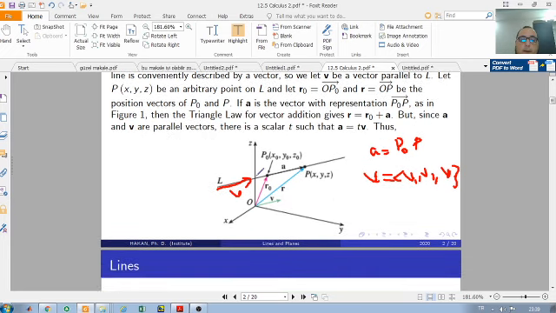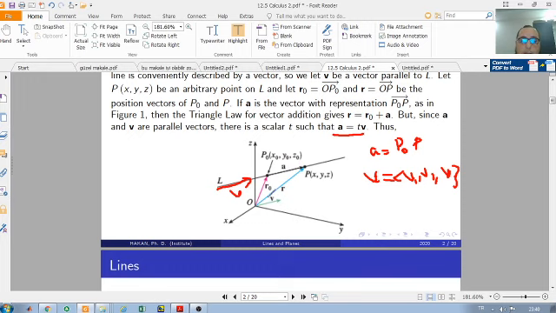The vectors a and v are in the same direction. Therefore a is a multiple of the vector v.